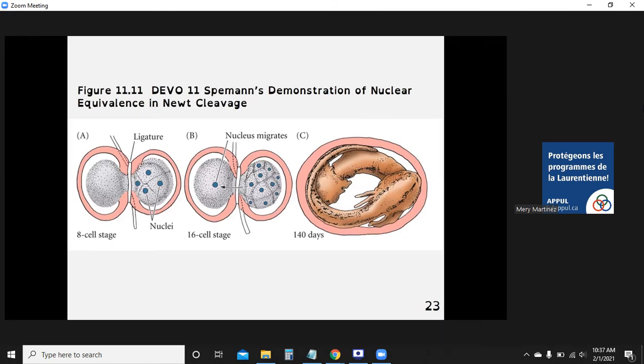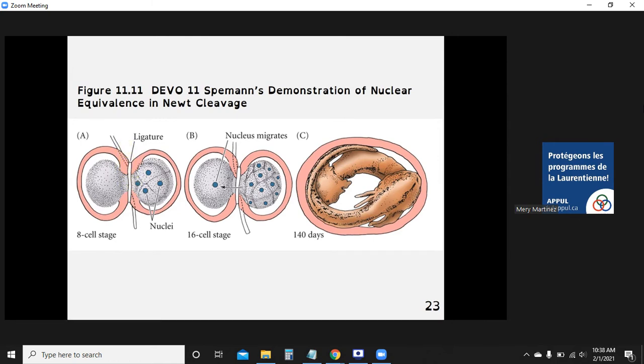So Spemann's experiments started a little earlier than the 1930s, in 1903. And he demonstrated nuclear equivalence. So in A, we have an egg at the 8-cell stage, okay? And in here, what he did is, the story says that using the hair of his daughter, he created a ligature in the middle, right here, okay?